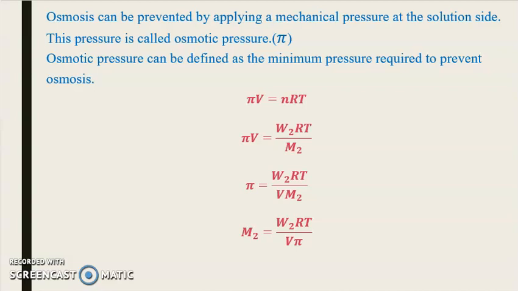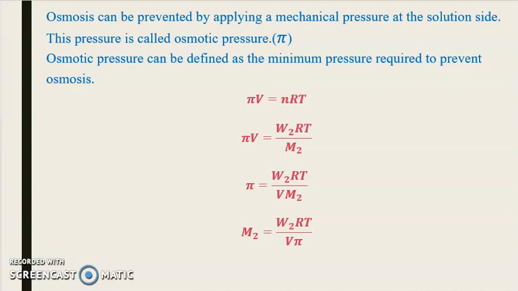So we know for an ideal gas, PV equals nRT. P means the pressure. In this case, we are talking about a dilute solution. So we can write the equation as πV equals nRT, where π is the osmotic pressure. So πV equals nRT, where n is the number of moles.